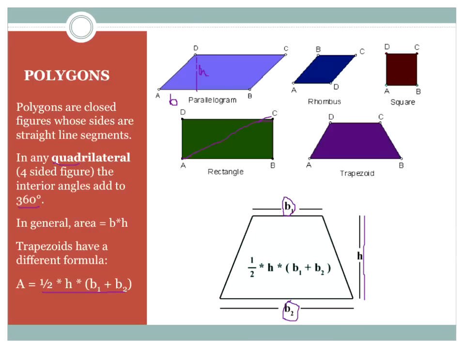But really, all we're doing to these is finding the average of those bases. So if we take base 1 plus base 2 and divide it by 2, we have found the average length of those bases. We are then multiplying it by the height. So this trapezoid still has an area formula of base times height. We just need to redefine what we look at as the bases.